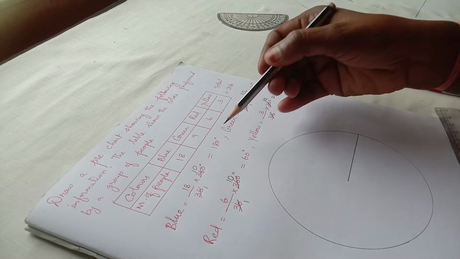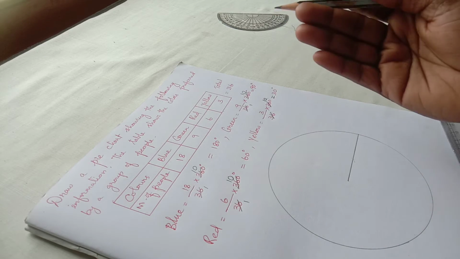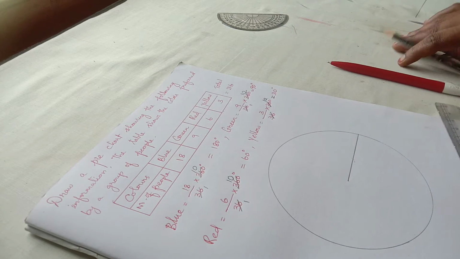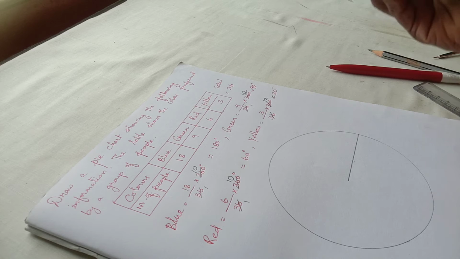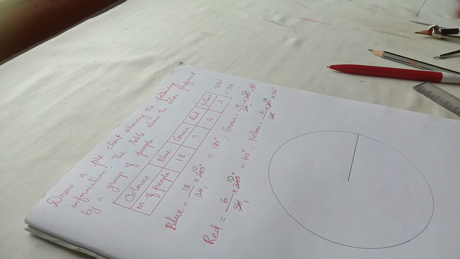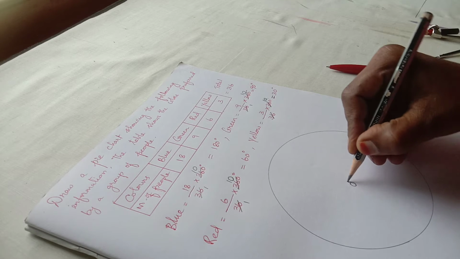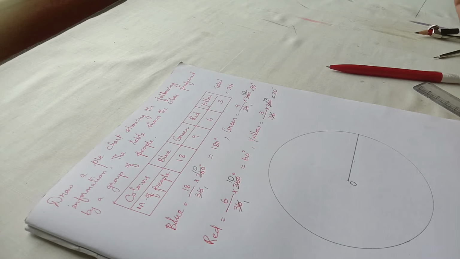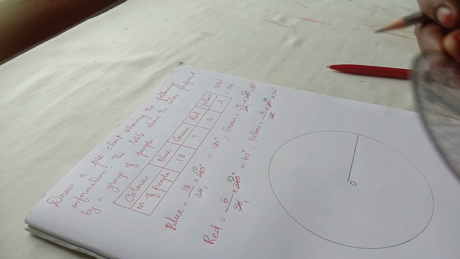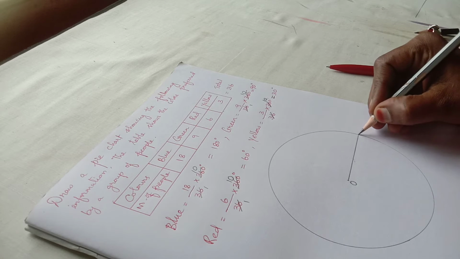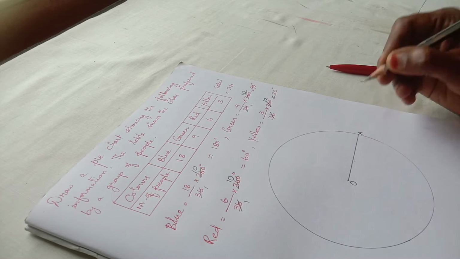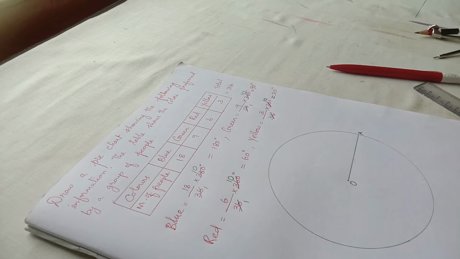Now we are going to construct the angles one by one. So to construct the angle, we are taking a protractor. Let me name the center as O. Then the center of the circle is O, and OA is the radius.